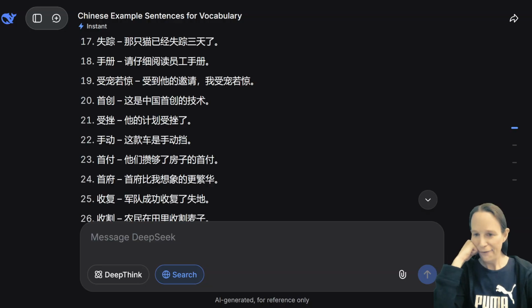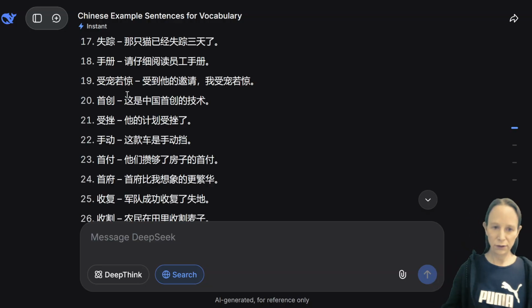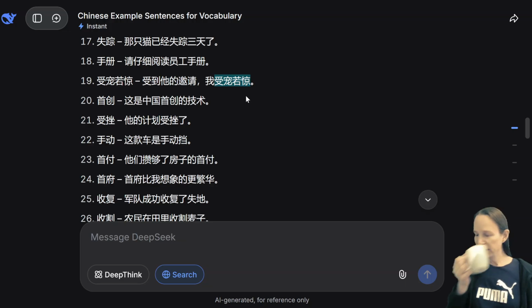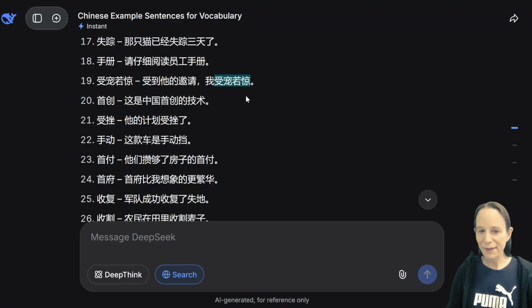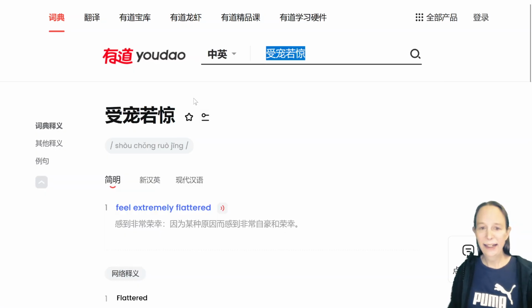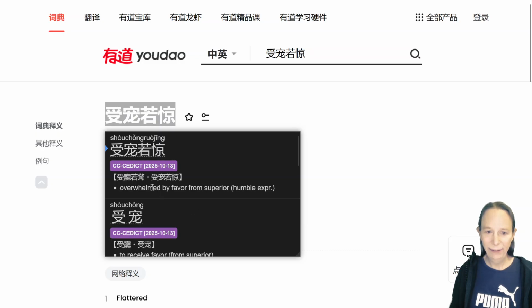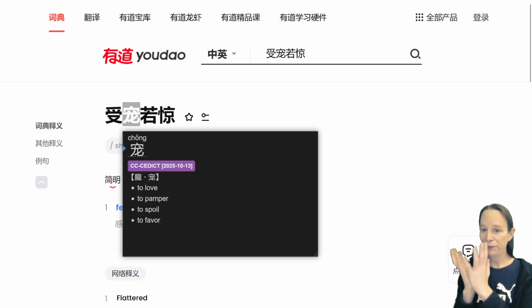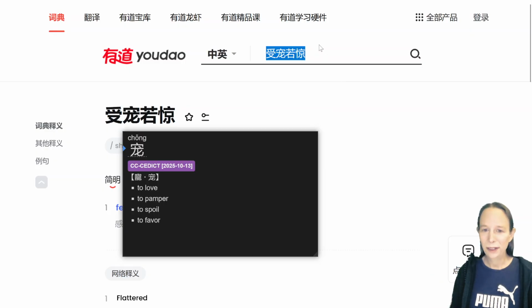It's the passive 受. 受宠若惊. I don't know. 受到他的邀请，我受宠若惊。No, I got nothing. Let's chuck it in here. Extremely overwhelmed by favor from a superior. Oh, okay. So the 宠 is not an animal. It's not a pet. It is receive treatment as if you're a pet. So there's 宠物. So this is 宠. Yeah, 宠 can mean spoil.